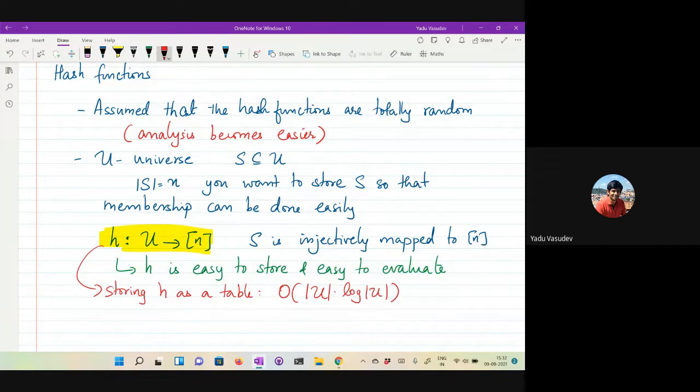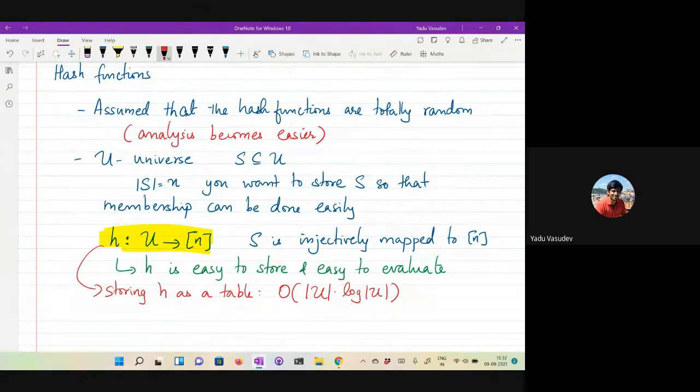If you want to do this, then you don't need to worry about hashing; you could just store the set as it is. And also you need to evaluate the function quickly. These are the two things that you want.